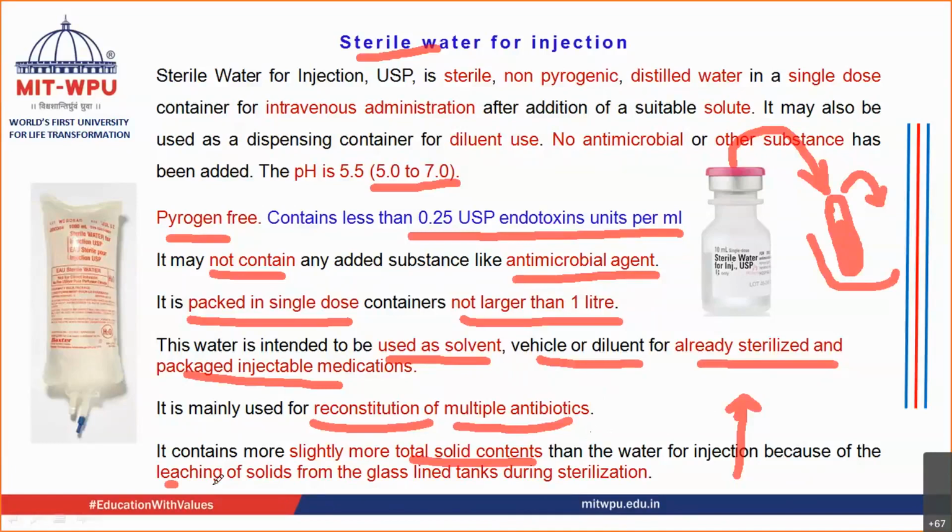The leaching of solids may take place from the glass lined tanks during sterilization, because we first prepare water for injection, and then it is sterilized in tanks lined by glass. There might be leaching of glass, and that's why the solid content of sterile water for injection is a bit higher as compared to water for injection alone. This is something about sterile water for injection.